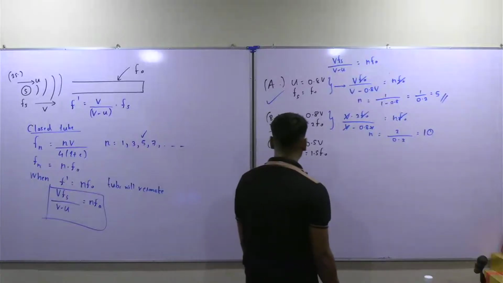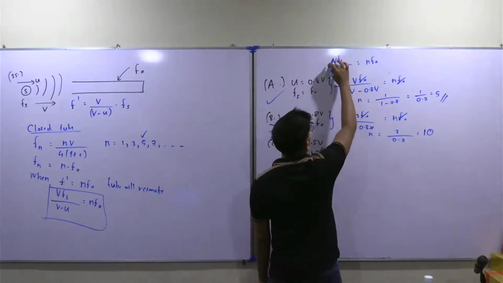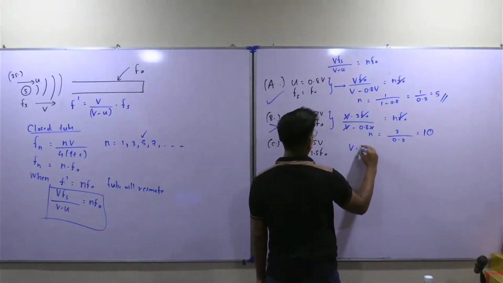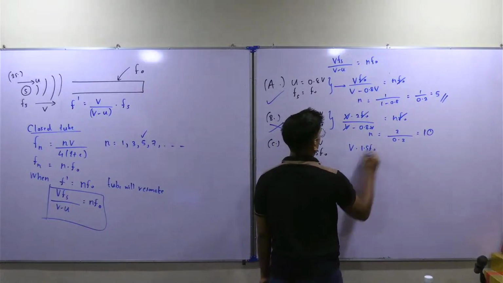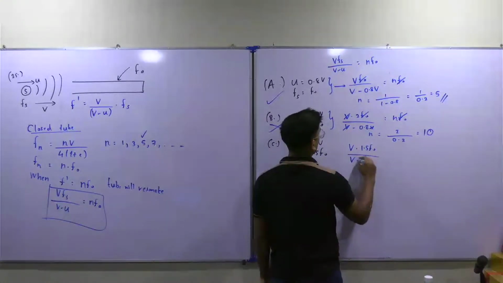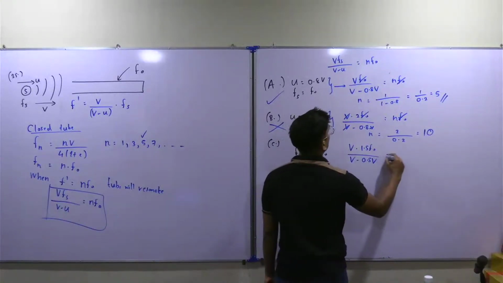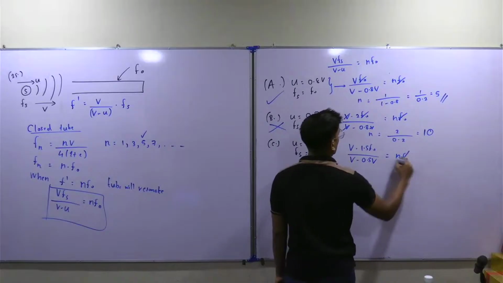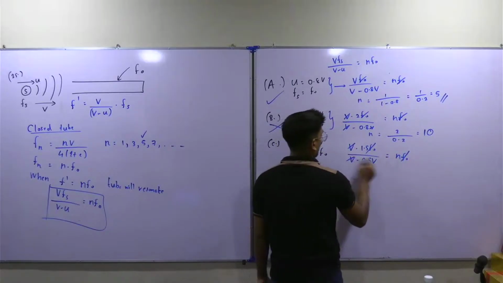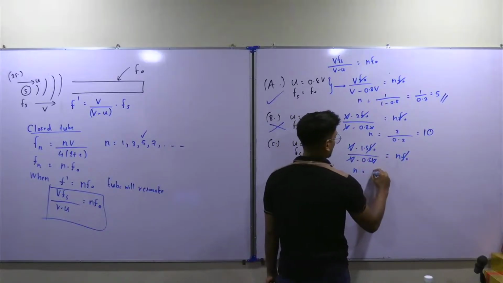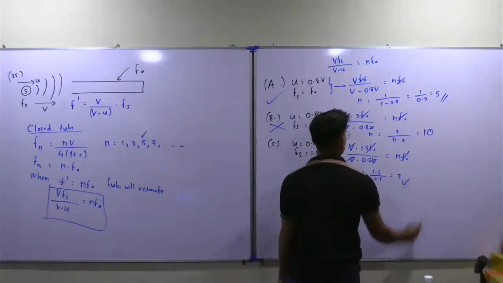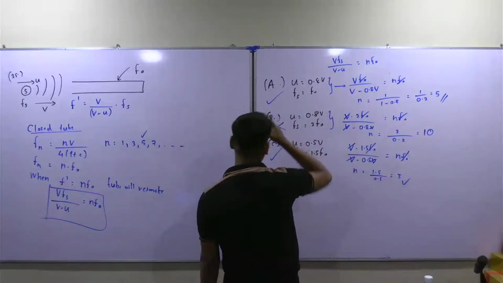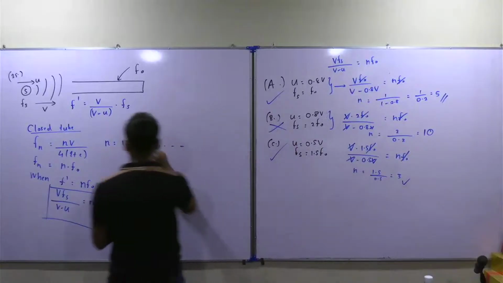Let's move to C. In C, you have vFs, where Fs is 1.5F naught, divided by v minus u, where u is 0.5v, is equal to nF naught. You can cancel this F naught, and here you have n equals 1.5 over 0.5, that is 3. So that is a possible answer, a possible harmonic number.